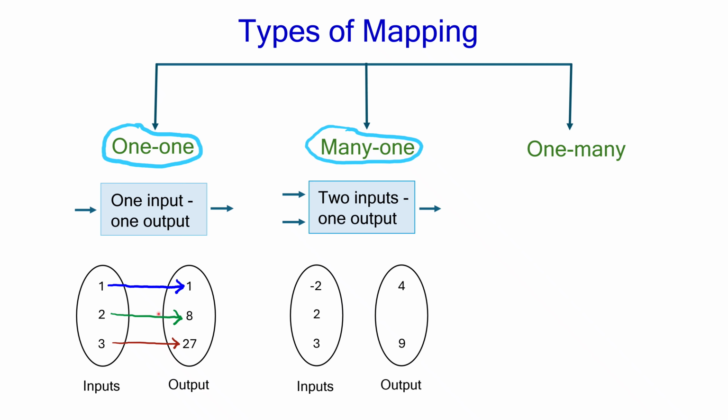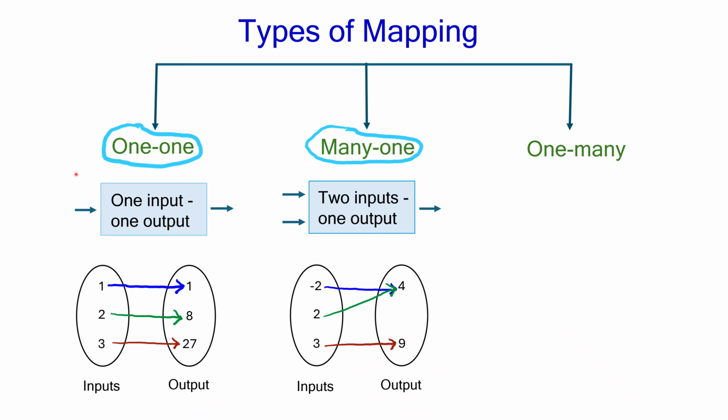Similarly, there are two given sets, input and output set. Here it is given -2 goes to 4 and 2 goes to 4. It is given and 3 goes to 9. Here there are two inputs but only one output. So this is many inputs and one output.